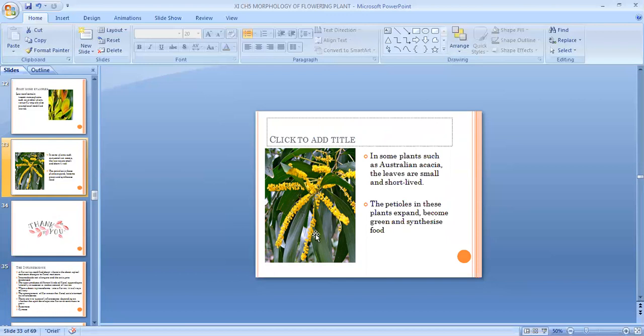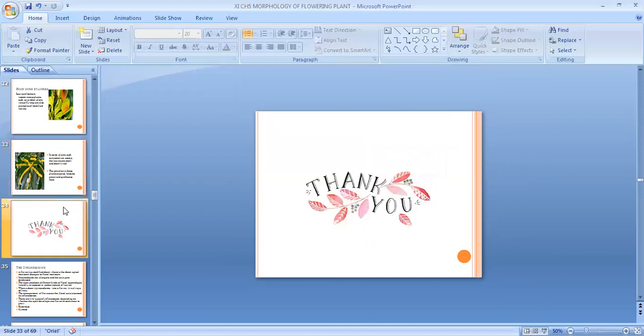Children, they are not the leaves. The leaves in this plant are small and short lived. The petiole of this plant expands and becomes green and synthesizes food. So this leaf-like structure which you see is actually the petiole. So these are the different modifications of leaf. With this, the structure, the function and modification of leaf, we finish this video.